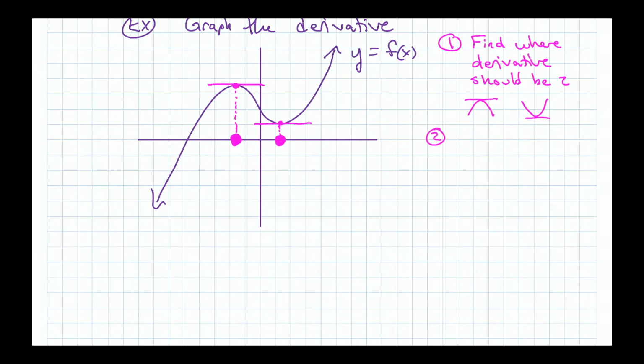The next thing you want to do is say, well, that actually divides up the graph into sections now. So the graph is in sections now, and in each section, the derivative should be positive or negative.